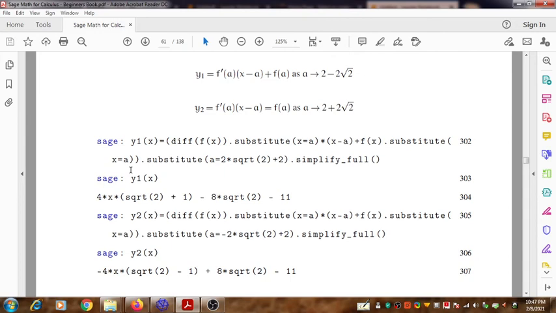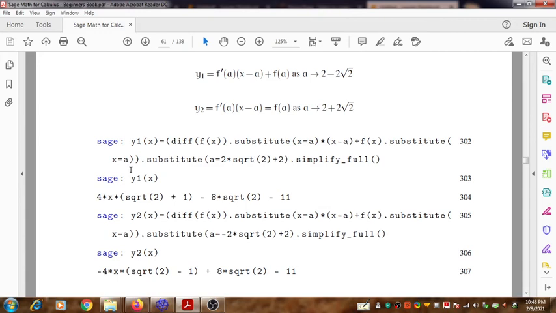We are going to get fa there, and then dot substitute a. You have to give the actual value of a as input.